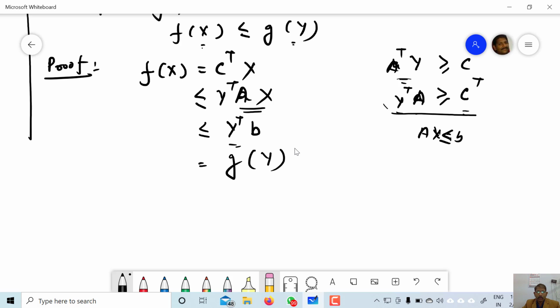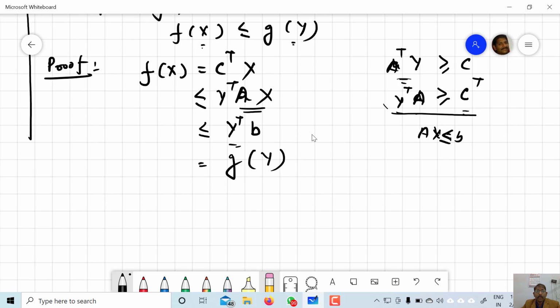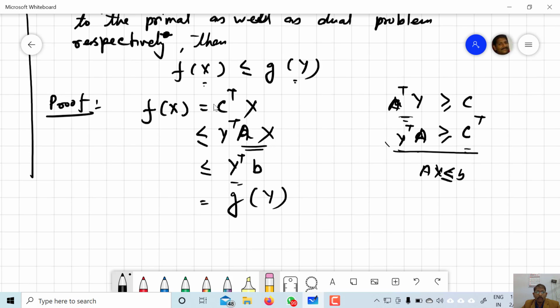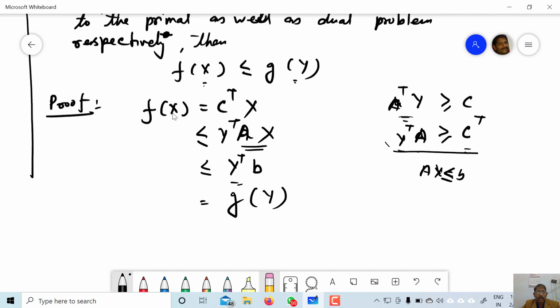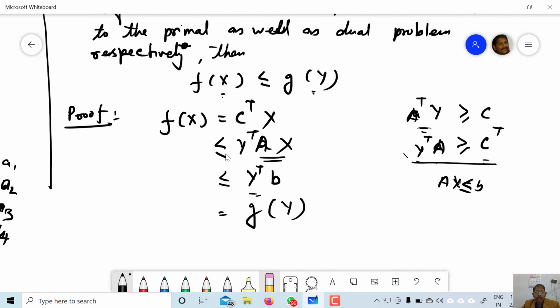So in this way we have proved that f(x) is less than or equal to g(y). We started from the actual function f(x) and reached the function g(y), and because the signs are less than or equal to, the theorem has been proved. This implies that f(x) is less than or equal to g(y), hence proved.